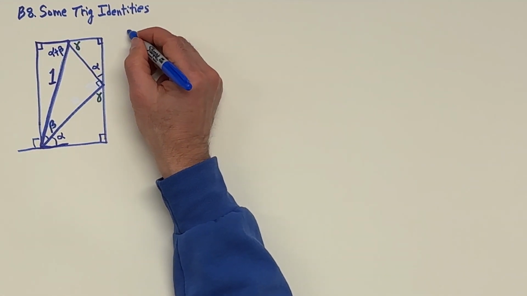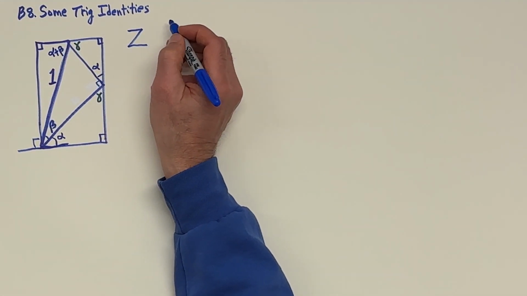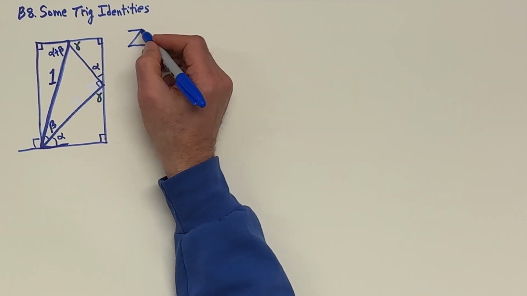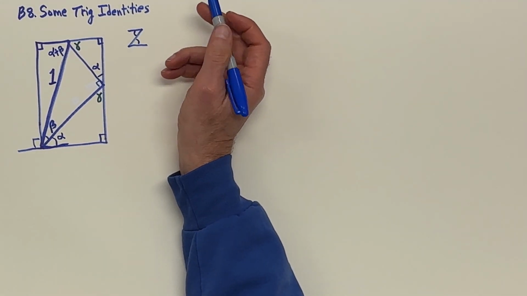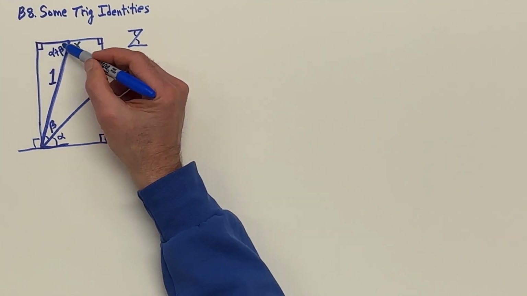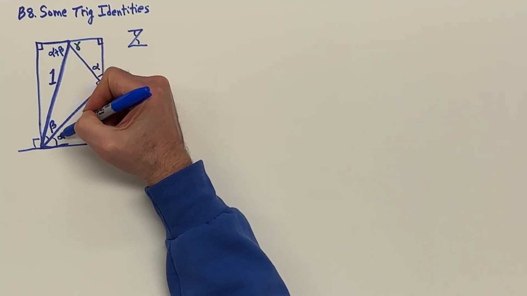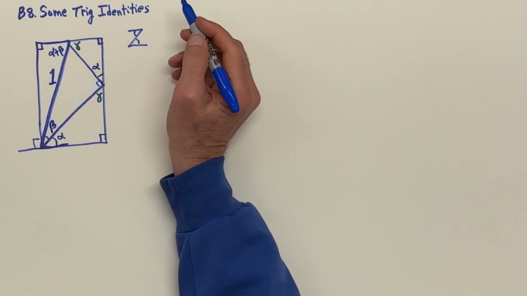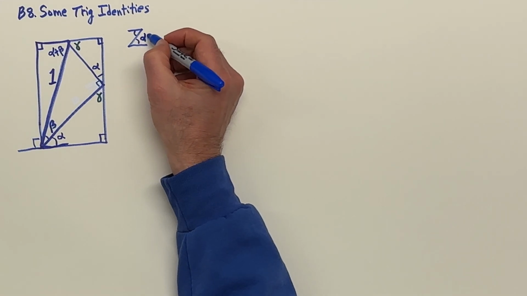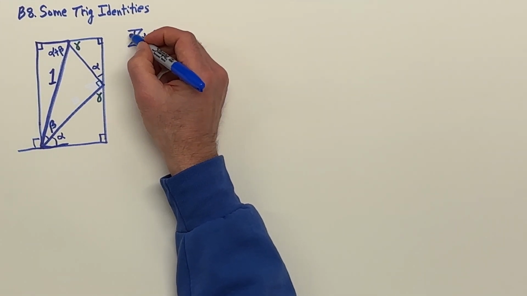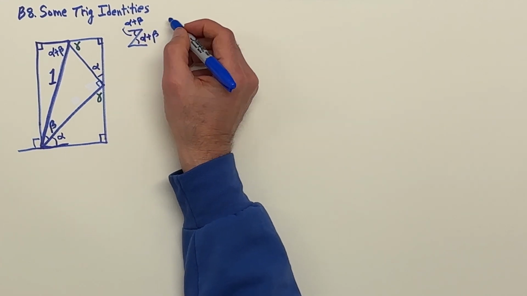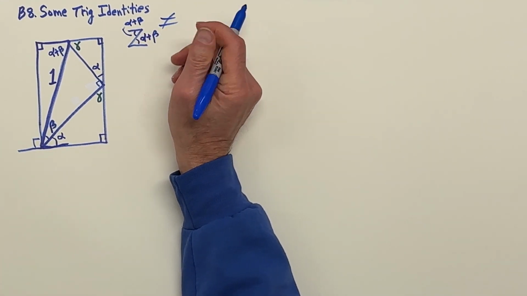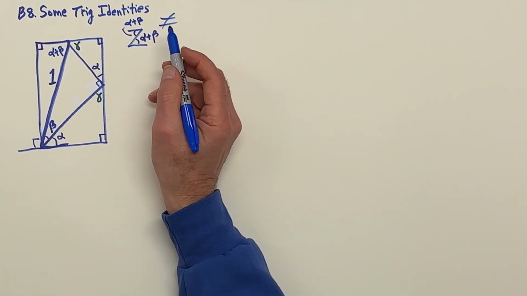I like to think of this as the Zorro rule, the Z. You make the Z, then these angles are the same. So here's our Z, and then alpha plus beta. This has to be alpha plus beta. Alpha plus beta here. Need to have an alpha plus beta up there. The Z, Zorro, or El Zorro.